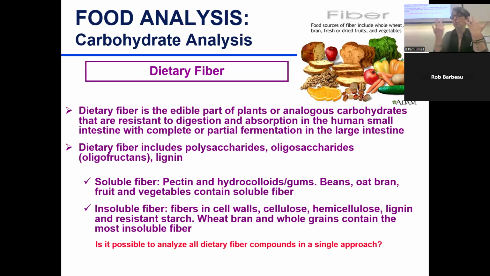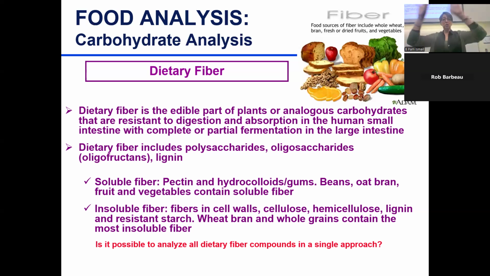You already know this: cellulose, hemicellulose, lignin, pectin, but also resistant starch. If we process in a way that our food has some resistant starch, like pasta, for example, the resistant starch goes into the dietary fiber component.